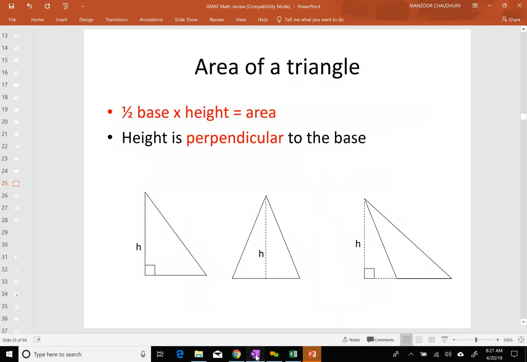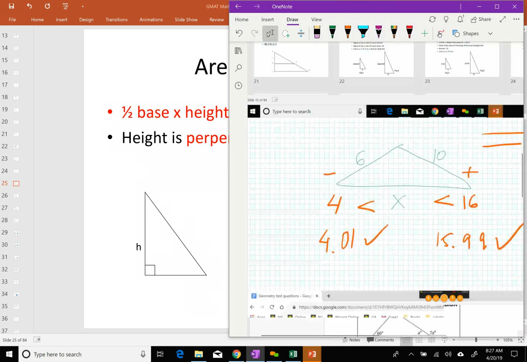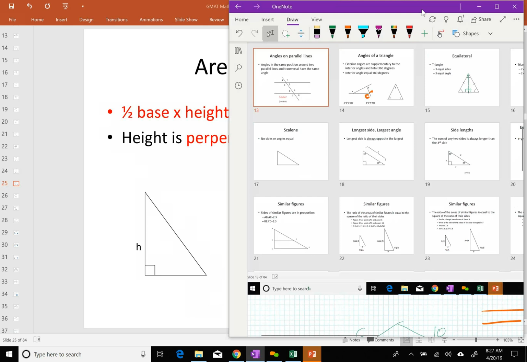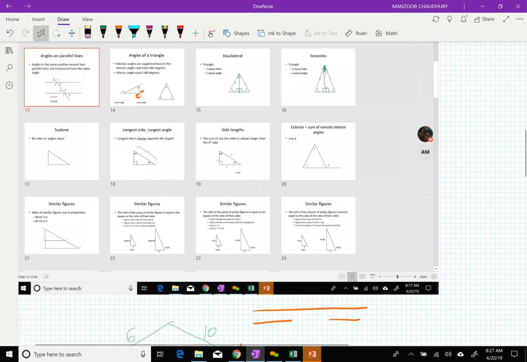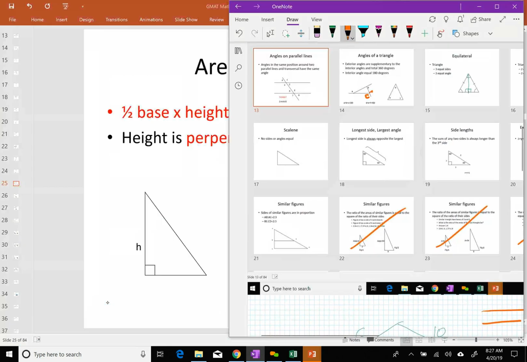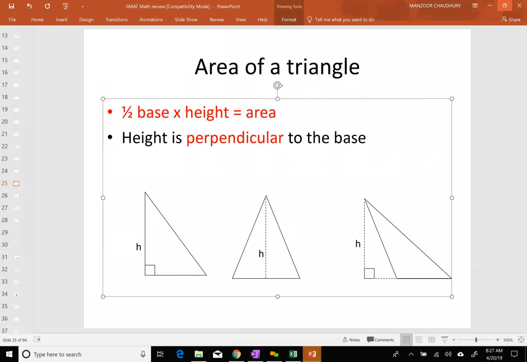Let's get to area of a triangle. Let me take a picture of this.